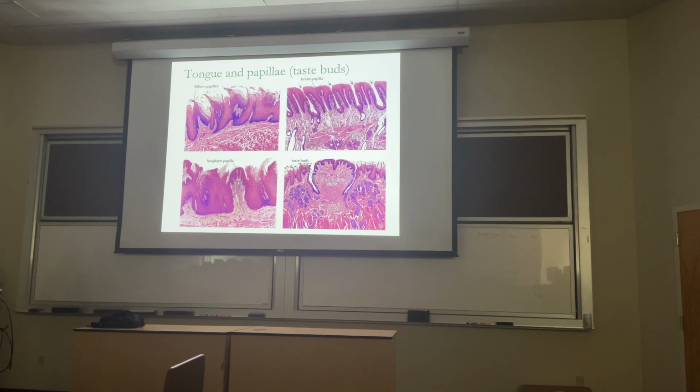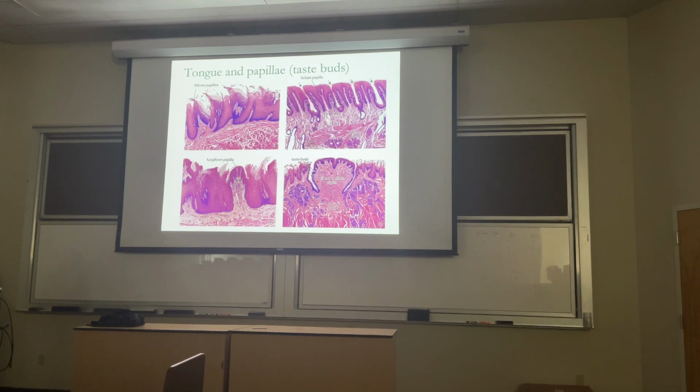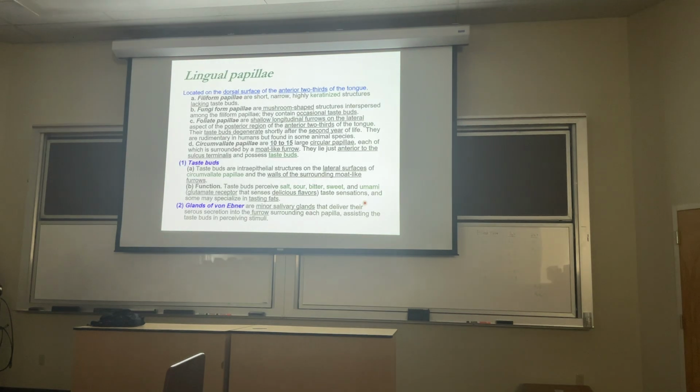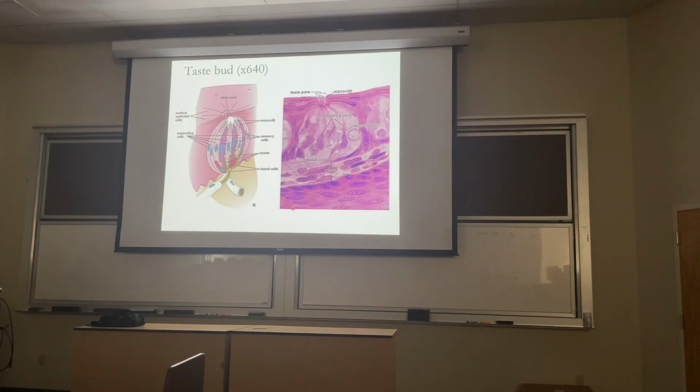The taste buds, of course, are chemoreceptors, and they're going to help us taste our food. Here we see serous glands, and we often would have mucus glands around as well. These are the different types of papillae. Some minor salivary glands might be there as well.